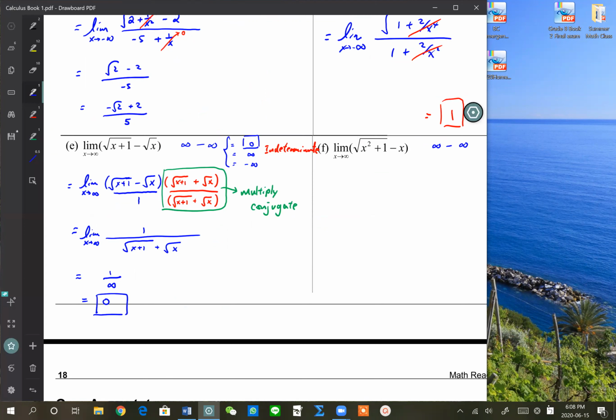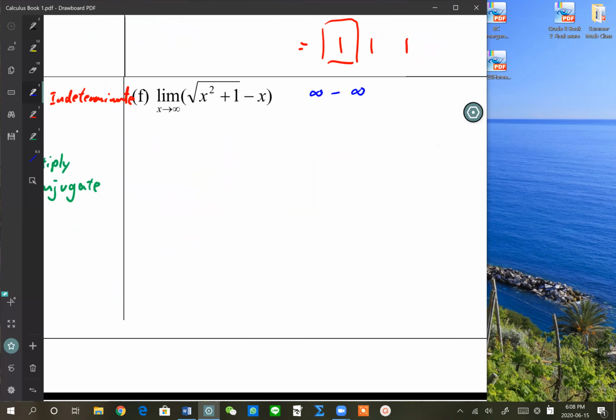So that's why it becomes 0. At the beginning, we predicted the 3 scenarios, so it's the first one. Okay, so if you finish question F, please raise your hand. Once we finish F, we'll have a break, okay?